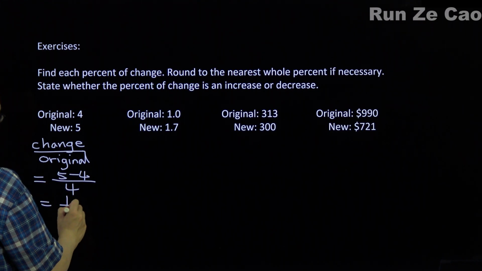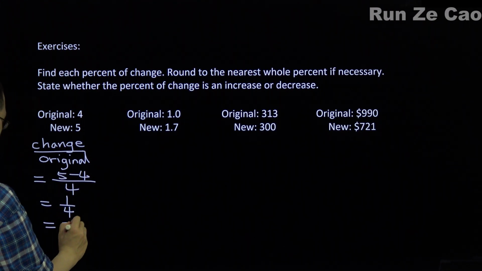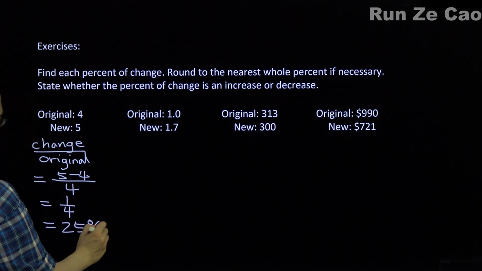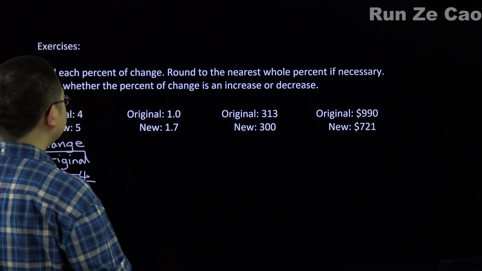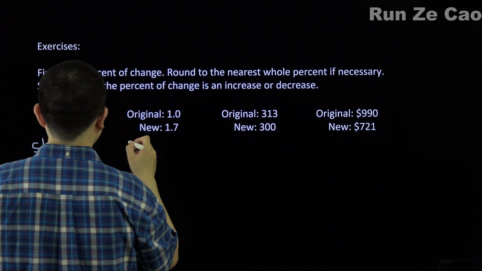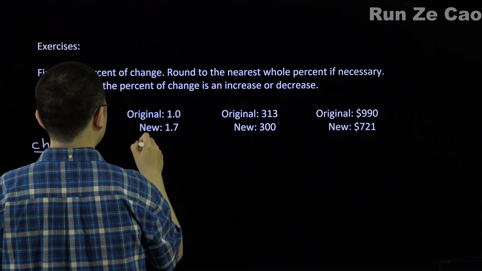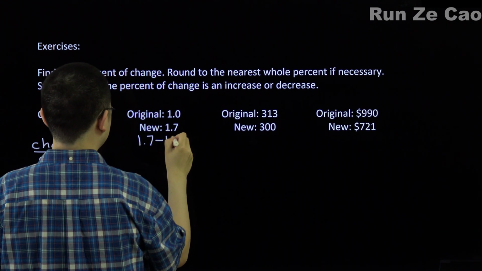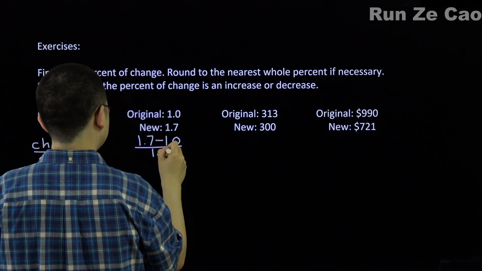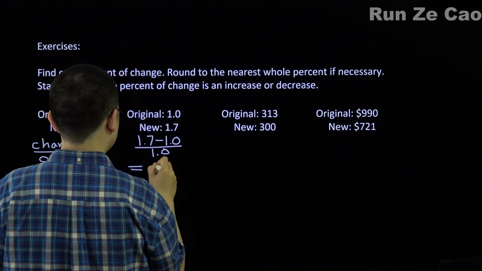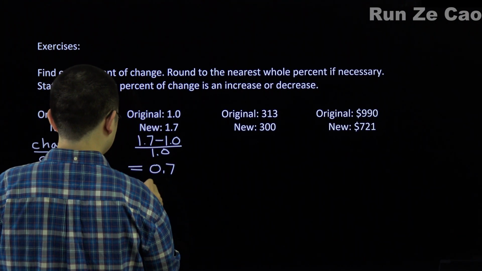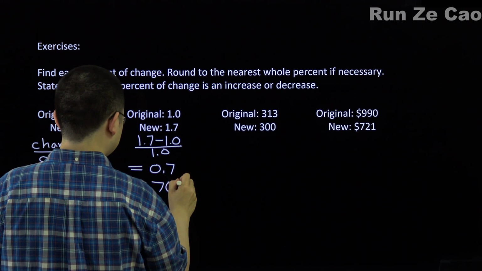So say 1/4, or 25%. Original 1.0, new 1.7. Well, that's 1.7 minus 1.0 over 1.0, which leaves us with 0.7, or 70%.